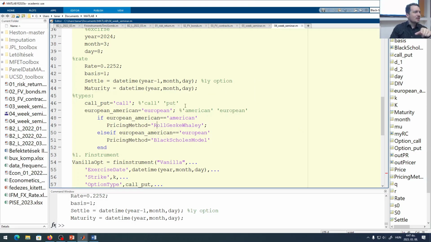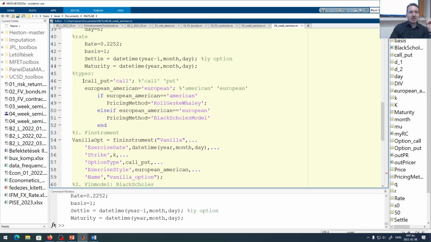And this small t is completely missing from the calibration. So it says settle and maturity, but today's date is missing. Maybe I can dig it up, just right now it's not calibrated, so we should be careful about that one.